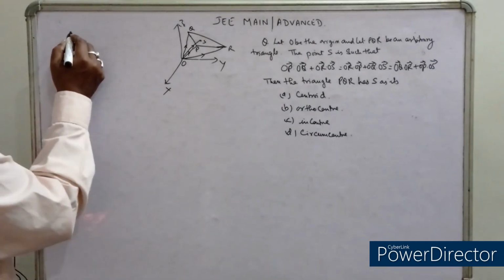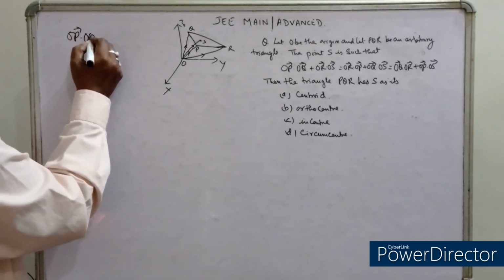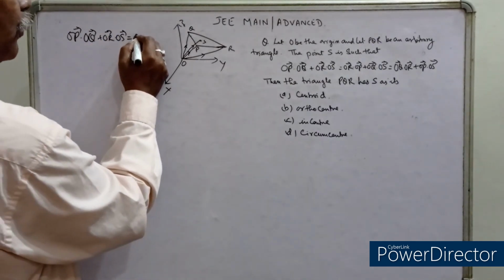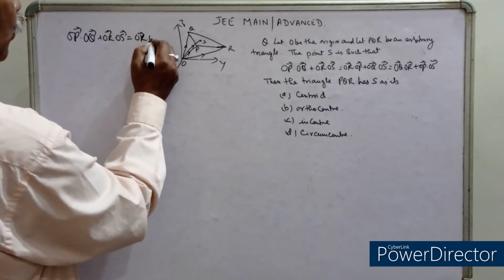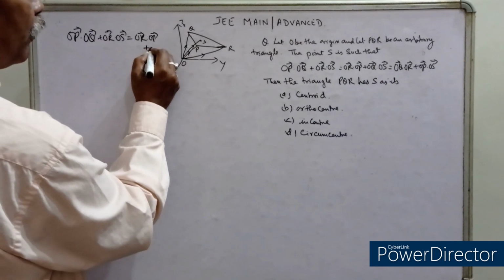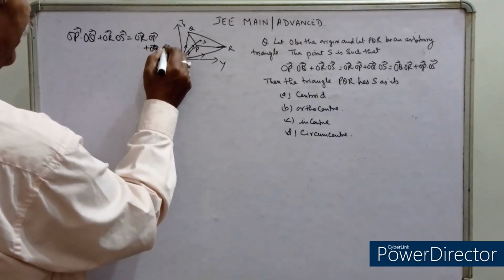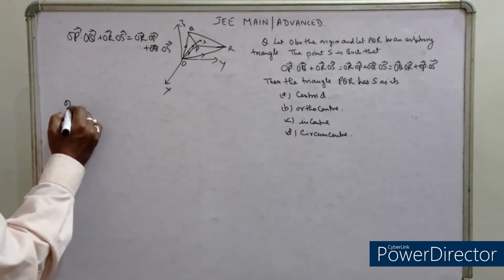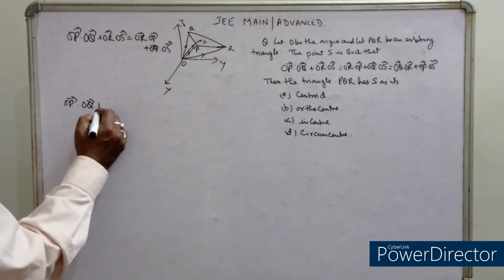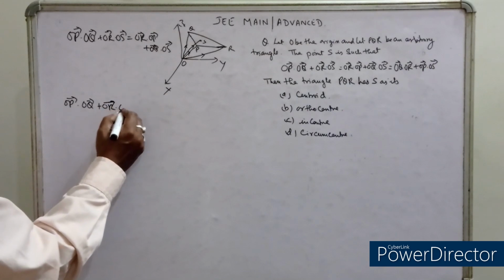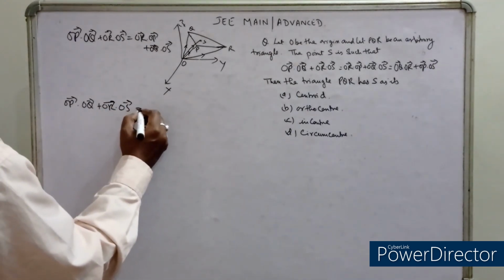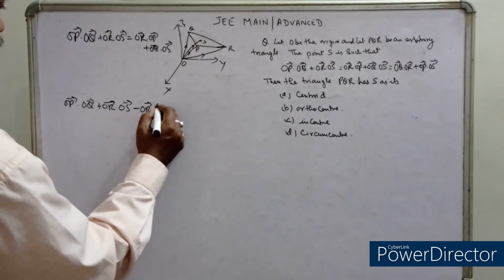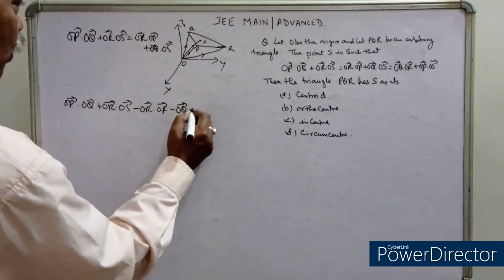These two are equal: OP vector dot OQ vector plus OR vector dot OS vector is equal to OR vector dot OP vector plus OQ vector dot OS vector.